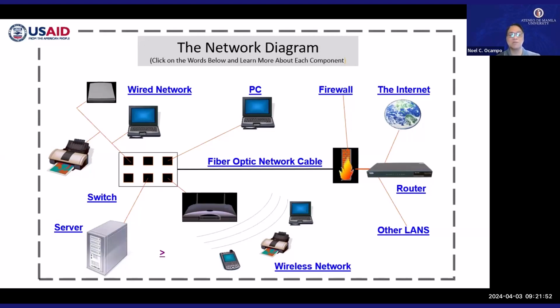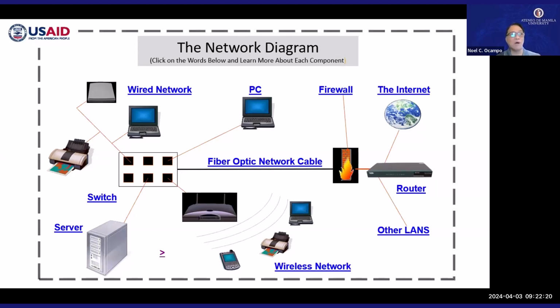So this is a summary of the diagram of how your local area network and your wide area network are connected. If you are in the office, for example, and you're using a desktop or a PC and a laptop, normally you will have to connect to a switch. Normally, it might not even be a physical connection.